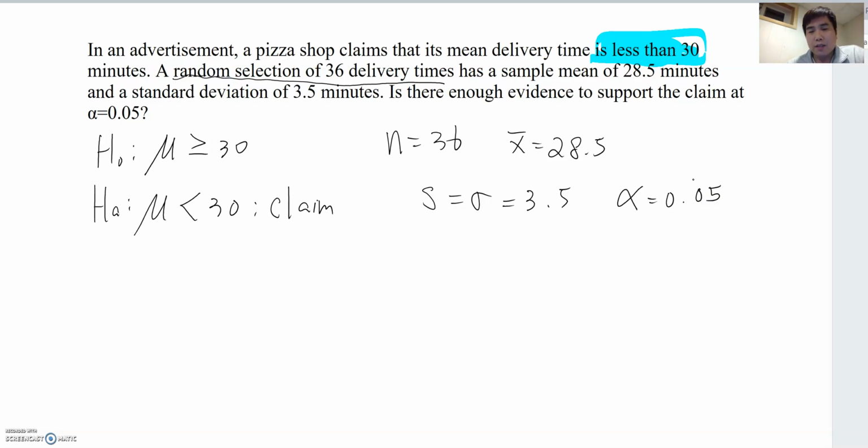Before we find the z-score of the sample, I'm going to set up the corresponding z-score of this alpha. Remember, this is one tail. Now we just go to the t-table here.